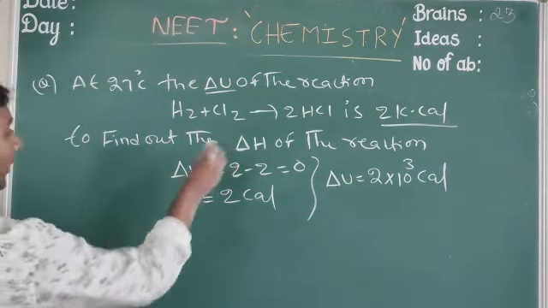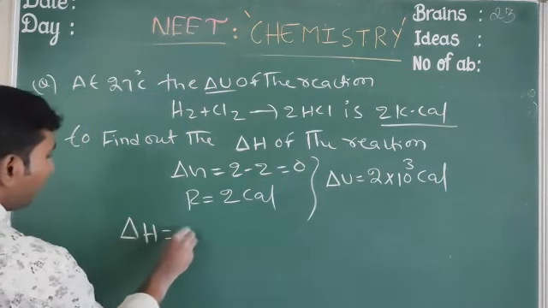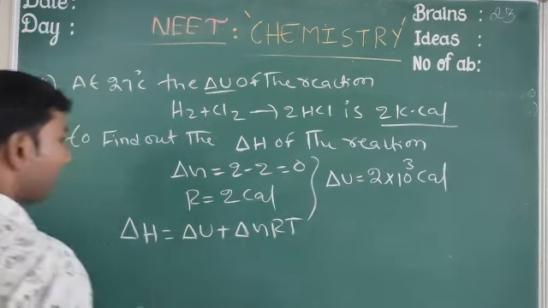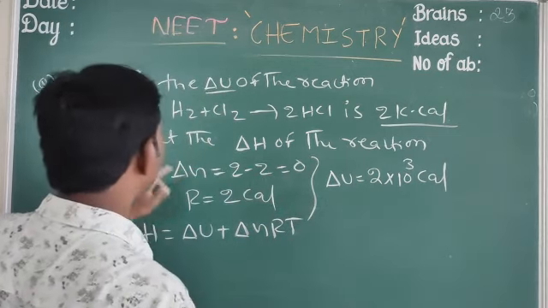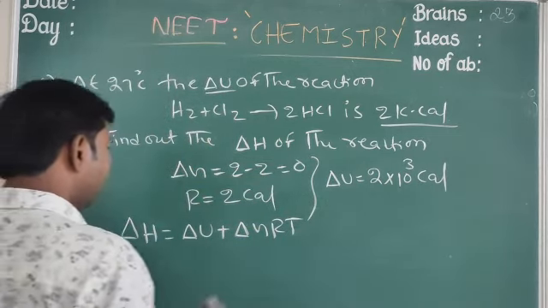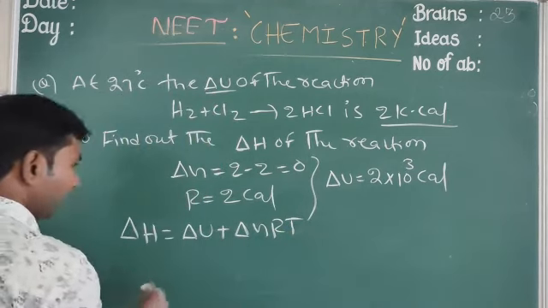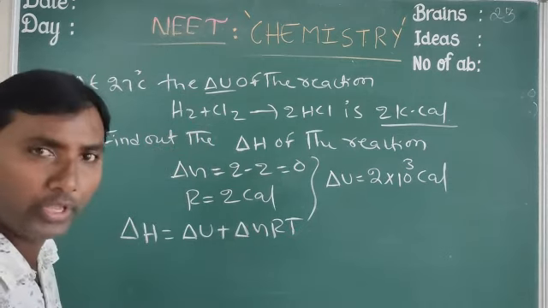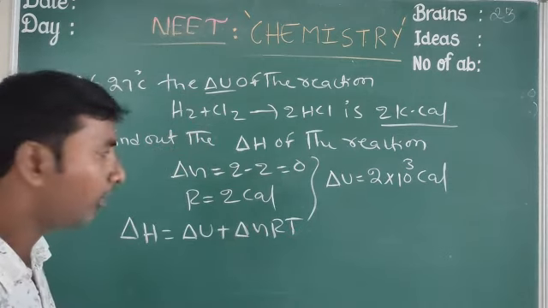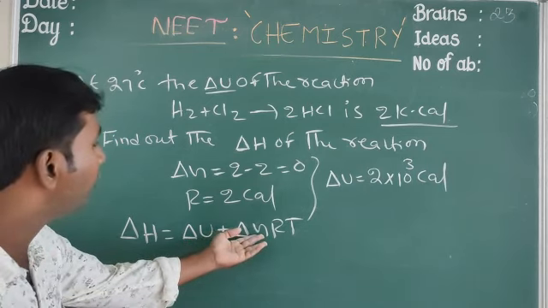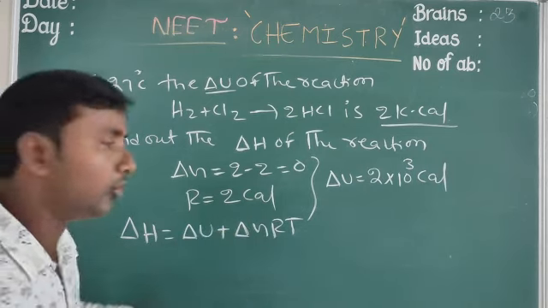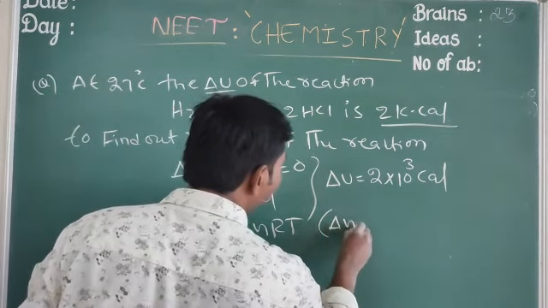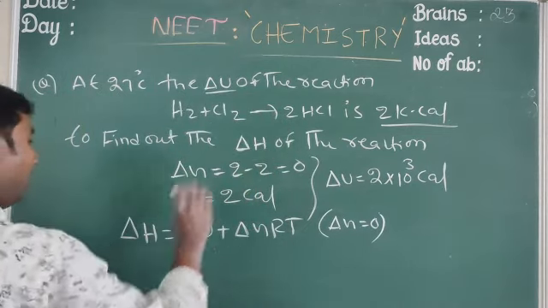Now find out del H. Del H equal to del U plus del n RT. Here del N value is 0, that's why 0 into RT is 0. You can do this problem without calculation, because del N value is 0. So the whole value is 0.